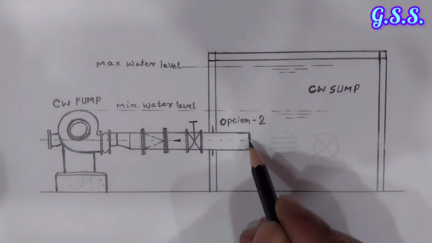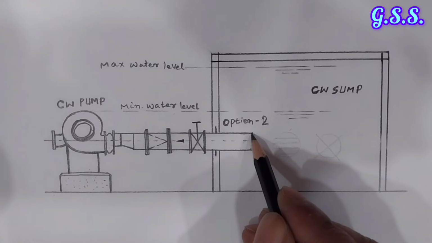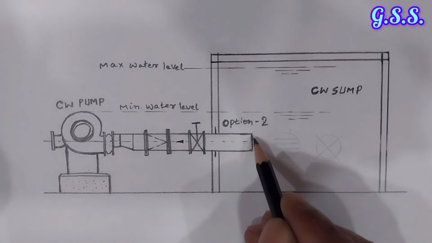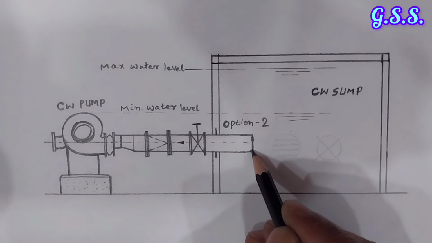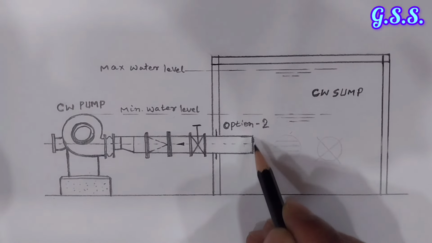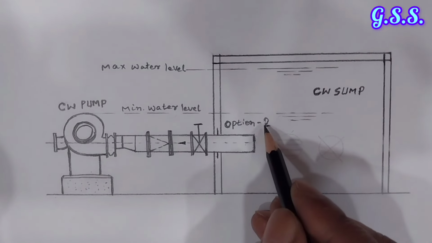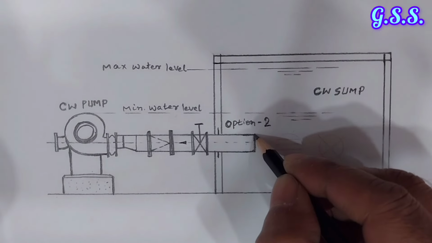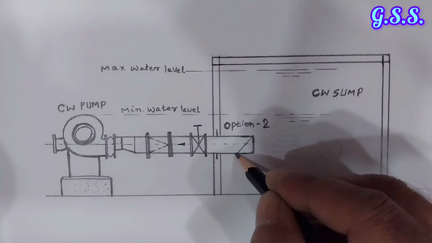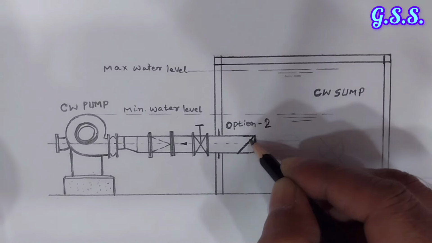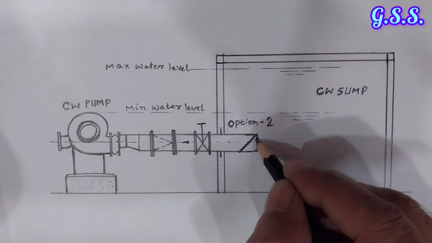In case of option 1 puddle, the cross-sectional area of the puddle is the same as the suction line diameter. So in that case, entry loss will be more. In option 2, we can cut the straight puddle like this at 45 degrees, so this portion is not there.